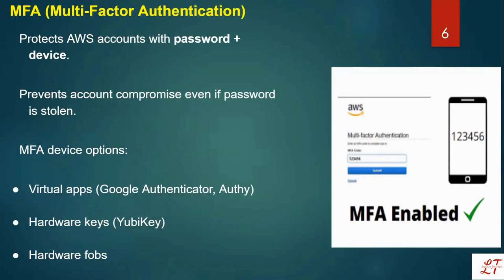Instead of logging in only with a password, users must also provide a one-time code from a device like a mobile app such as Google Authenticator or Twilio Authy, or a hardware key like YubiKey and hardware token. So even if someone steals a password, multi-factor authentication helps to prevent unauthorized access to your AWS account.